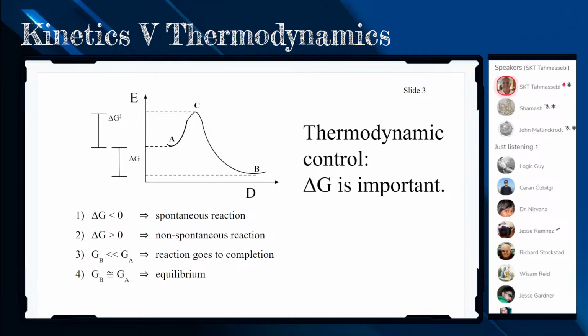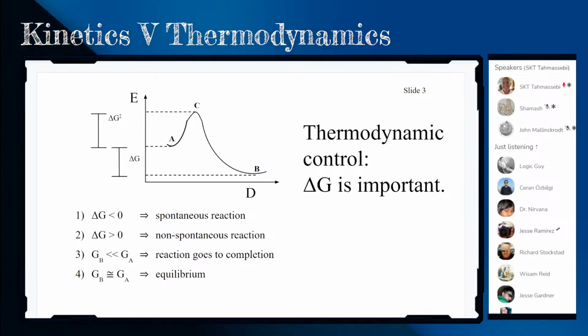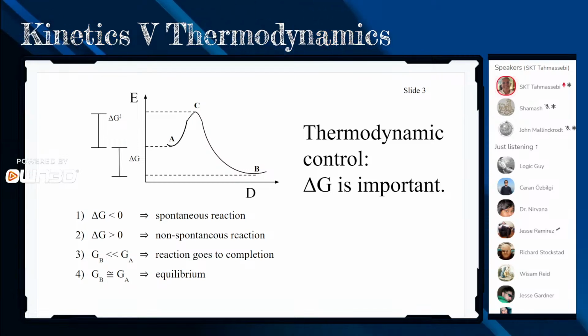So what does thermodynamic control tell us? When we talk about thermodynamic control, we said, as shown on slide 4, that when a reaction is under thermodynamic control, I don't care what the delta G double dagger is.